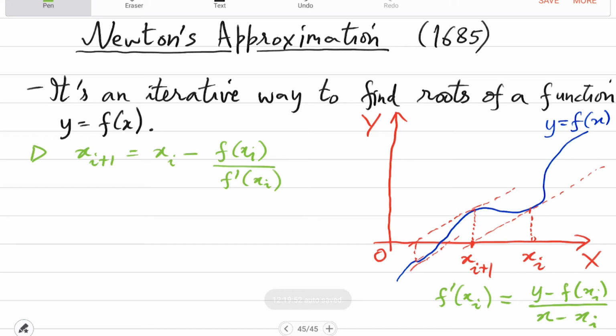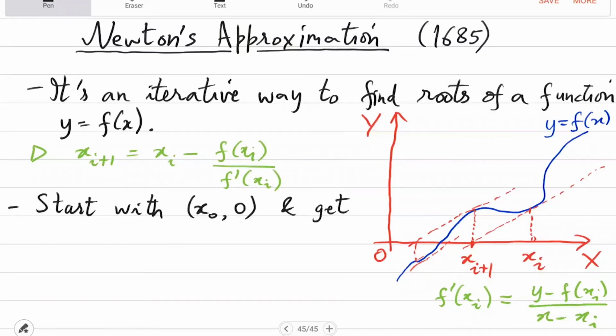So this process starts with x0 on the x-axis and gets closer to a root of f, let's say root x star.